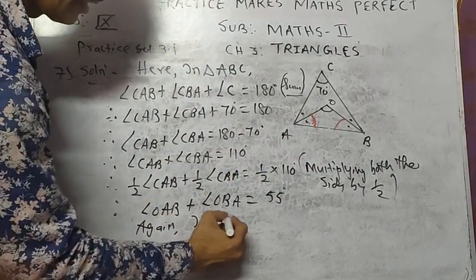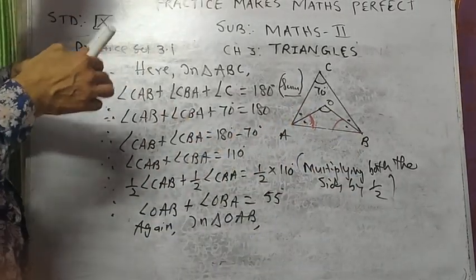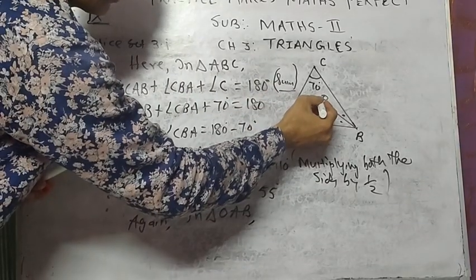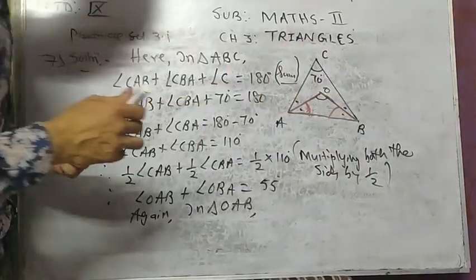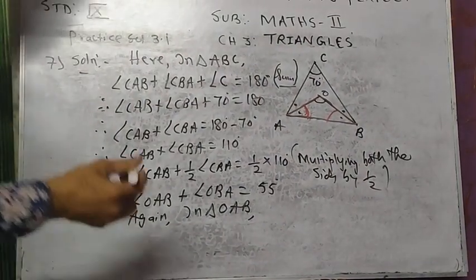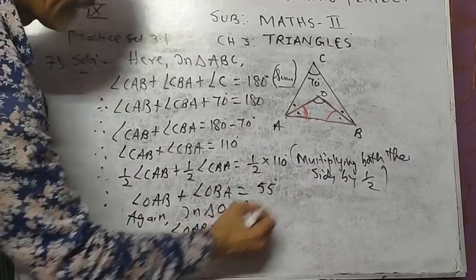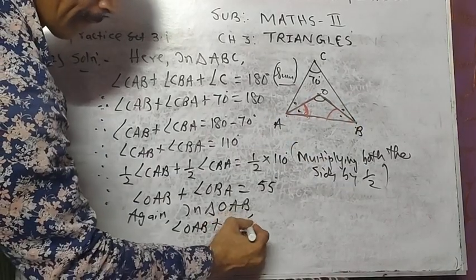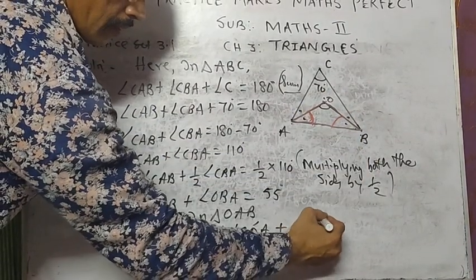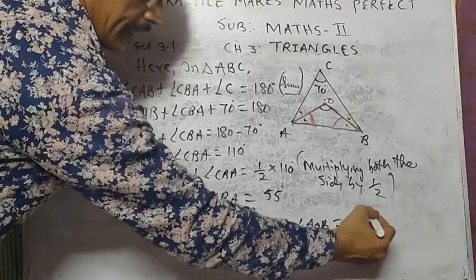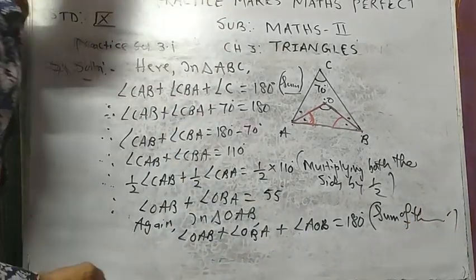Again, in triangle OAB, this triangle, angle OAB plus angle OBA plus angle AOB is equal to 180 degrees. Your reason is sum of the measures of angles of a triangle.